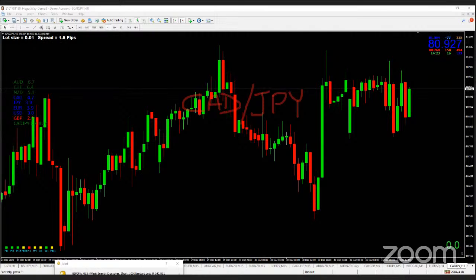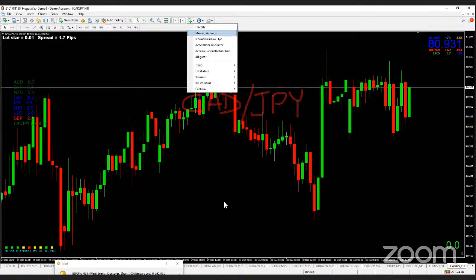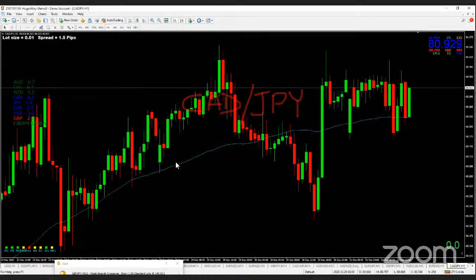Now, just as a bit of an extra, even though I did say we are focused mainly on the use of the currency strength meter today, what you could also do is throw in your moving average, perhaps your 50 period moving average, to determine which way you would want to take the market. Let me just do this.